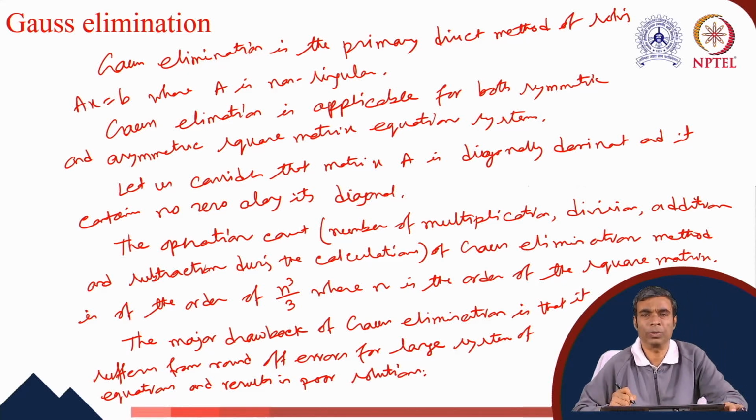So we shall consider the case of Gauss elimination without pivoting. It means that we consider that in all the rows, the diagonal term is dominant, and because of that, there is no swapping of rows required to make the matrix diagonally dominant.